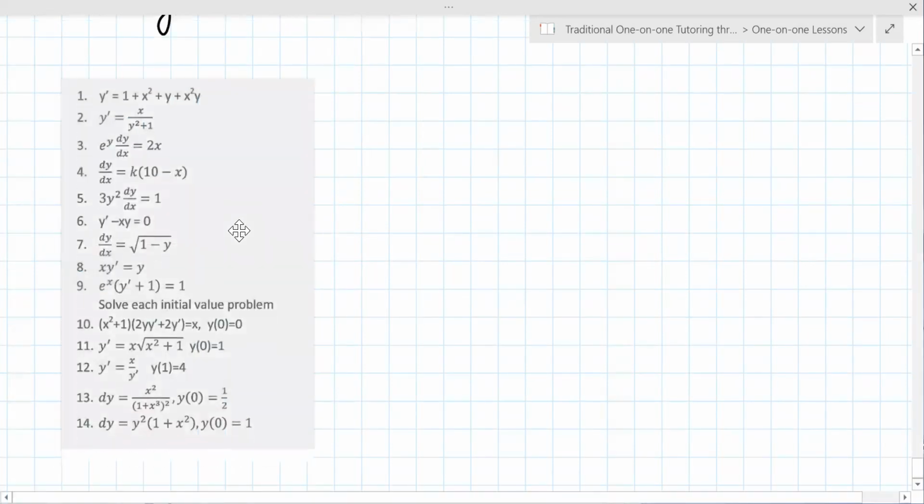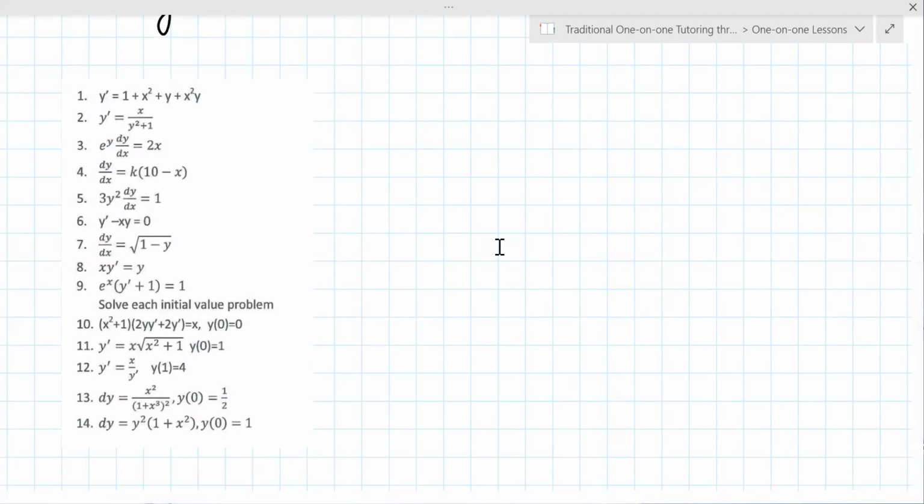Do you remember sending me this grouping? These are all separable differential equations. The first one I think is really tough because you got to do a weird thing, but these are all that type. So should we go through some of these? Whatever ones you think would be the most beneficial.